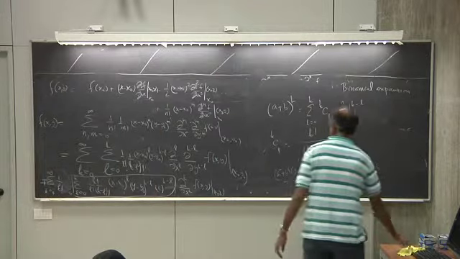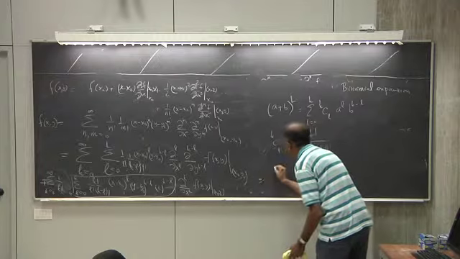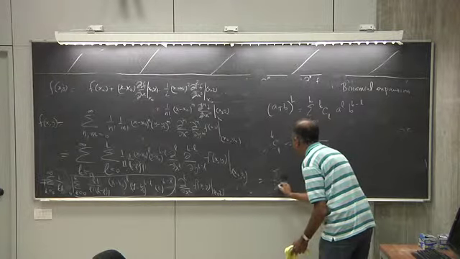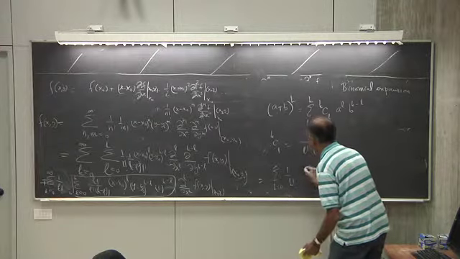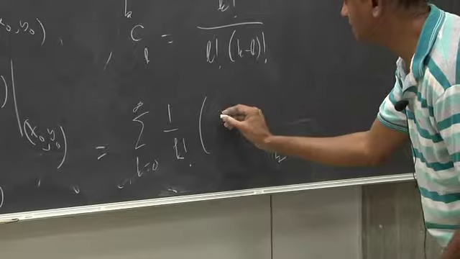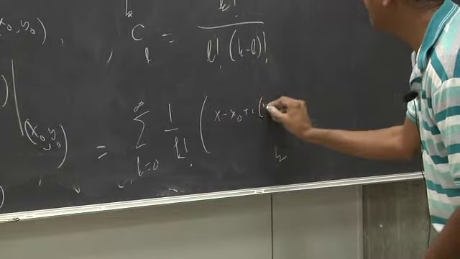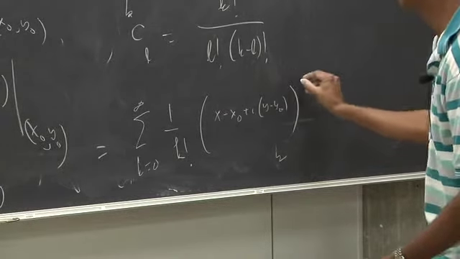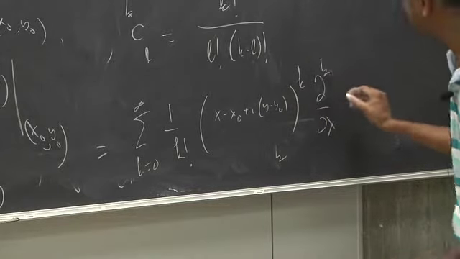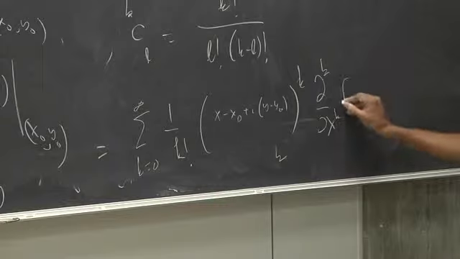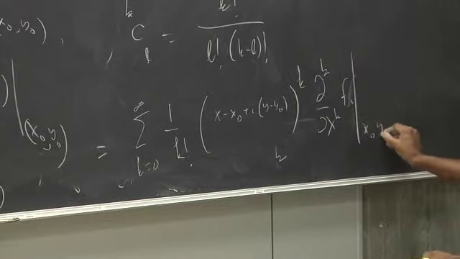So we get the expression finally that this is equal to the sum over k going from 0 to infinity of 1 over factorial k, times (x minus x0 plus i times y minus y0) whole to the power of k, times d^k by dx^k of f evaluated at (x0, y0).